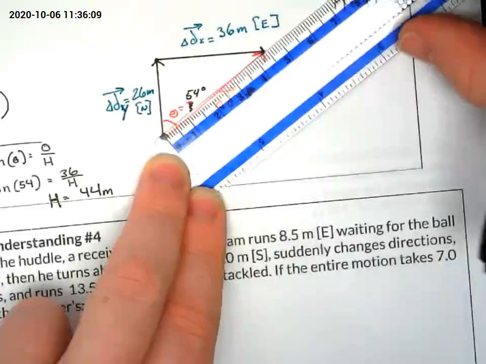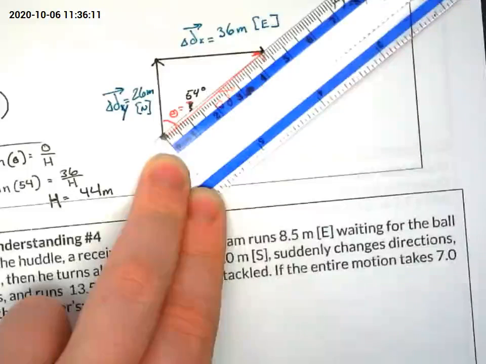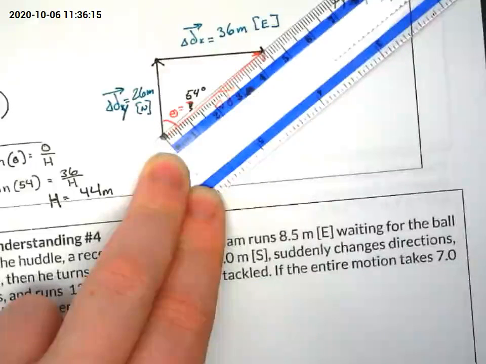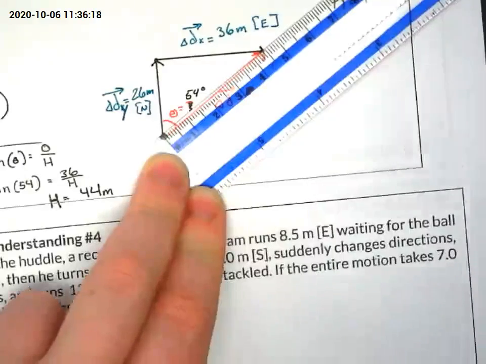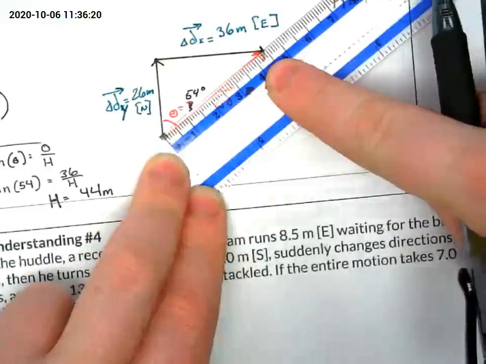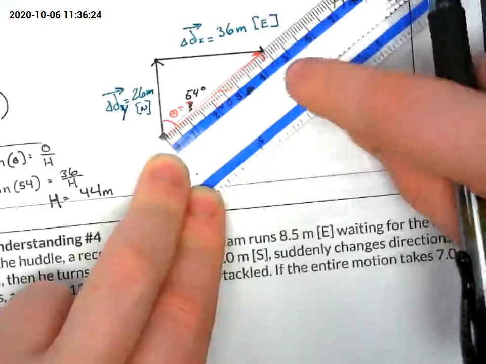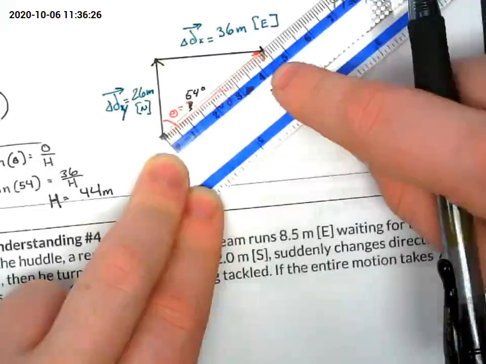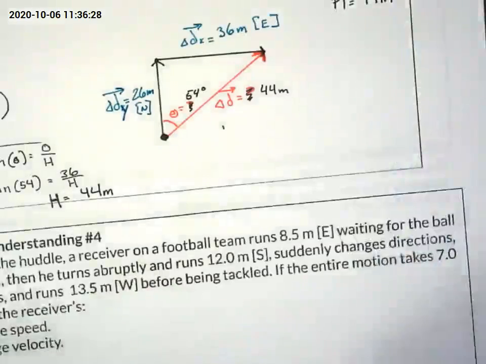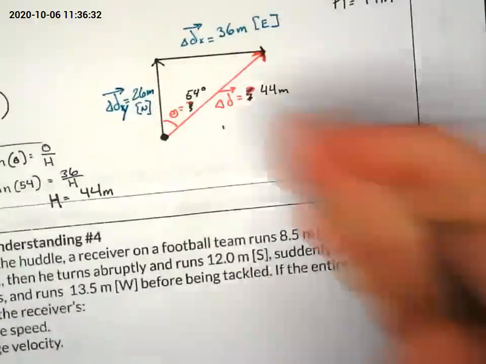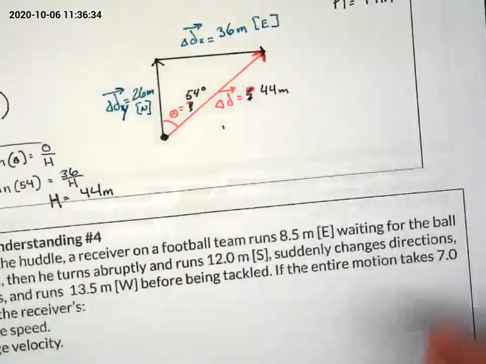Then if that's true, my measurement should be 44.4. And it looks like that's super close, because it is right between 4.4 and 4.5 here on my ruler. That's what I saw in my calculations.